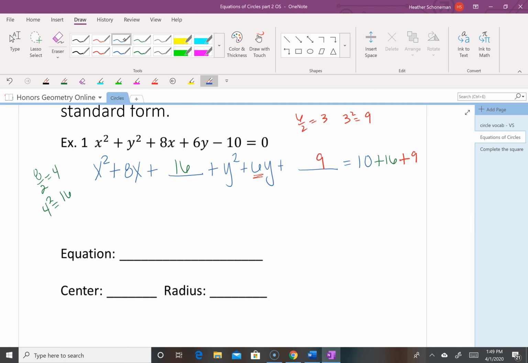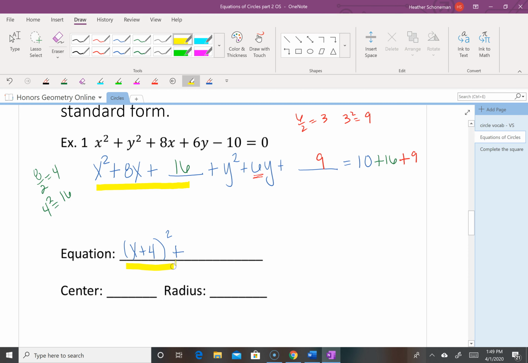Now that you've done all the work, you just need to rewrite it. First I'm going to look at this first part right here. I've created a perfect square trinomial. If I'm trying to factor it, two numbers that multiply to 16 and add to 8 would be 4 and 4. Or if I just take half of 8, I get 4. So this is going to be x plus 4 squared, plus.